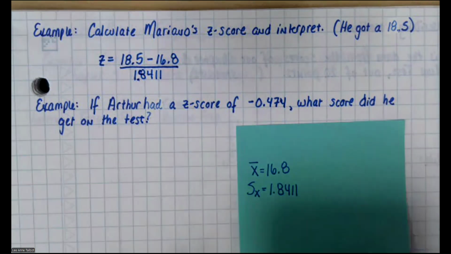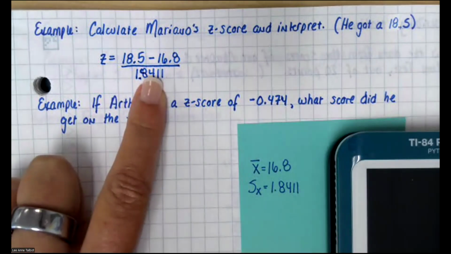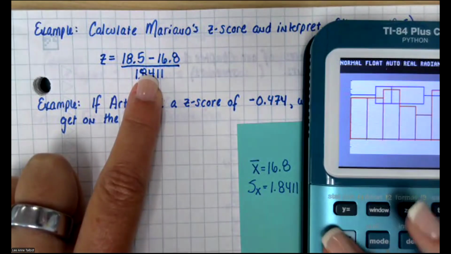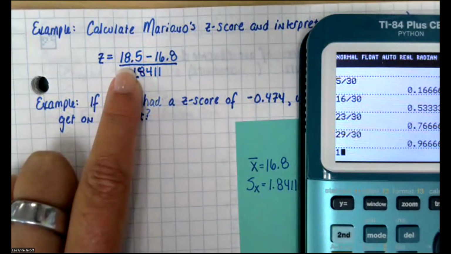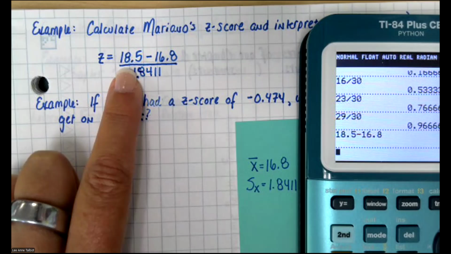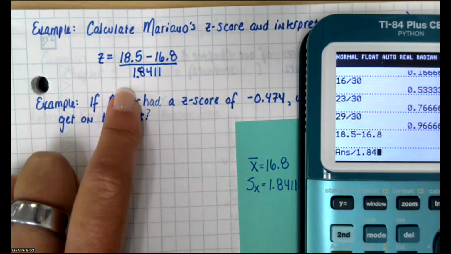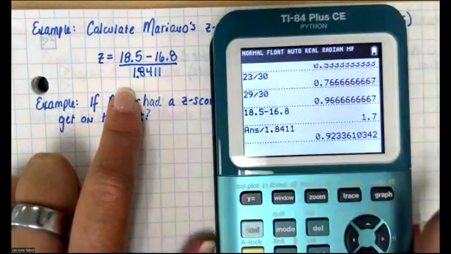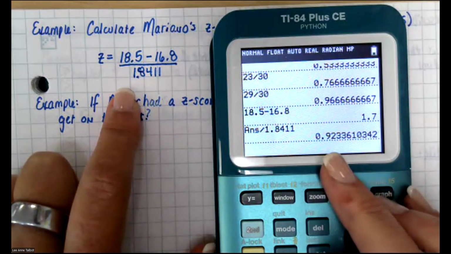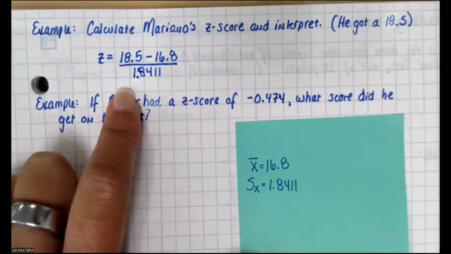And make sure that when you put this in the calculator, you either use parentheses or hit enter. I do this in 2 steps. I'm going to do the top and then hit enter. 0.9234.